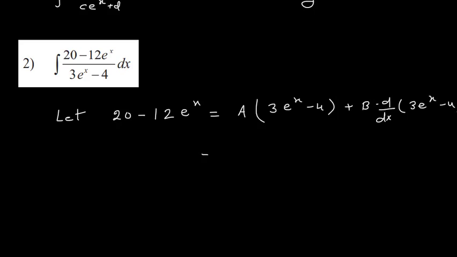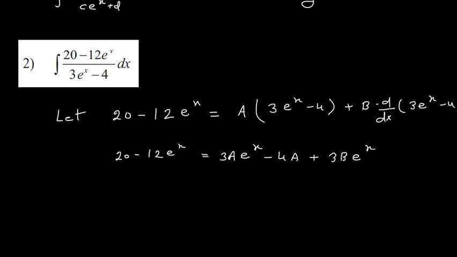So this is equal to 3a into e^x minus 4a, plus here it is 3b into e^x. The derivative of e^x is e^x only, and the derivative of 4 will be 0, and here we have 20 minus 12 e^x.